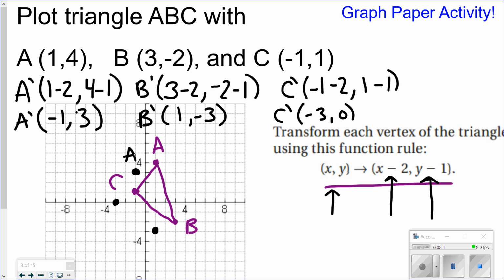So here is A prime, B prime, C prime, and I'm going to connect these dots. If you look from the purple to black triangle, all I did from the purple is drop it down 1 and then to the left 2 units.